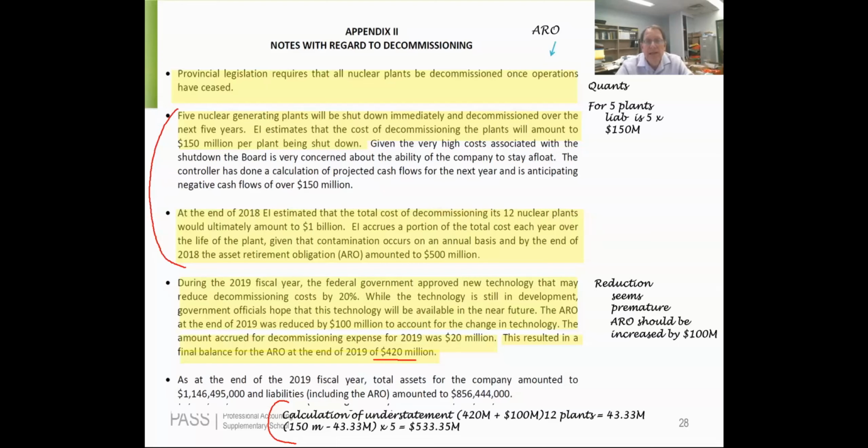My liability is sitting at 420. The thing is way too low. And what about the liability for the other plants I'm keeping open? I'm still keeping open 7 plants. Eventually, they have to be decommissioned also. Don't I have to add something in for those plants? Even if you do what I did at the bottom, and it's not that much. So you are under accrued here by hundreds of millions of dollars. Does everybody see that?